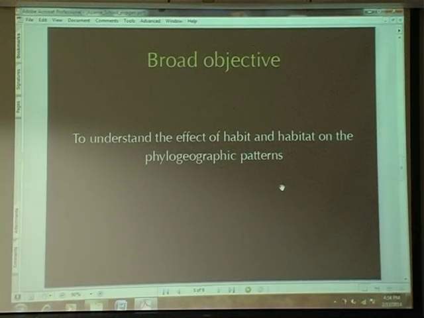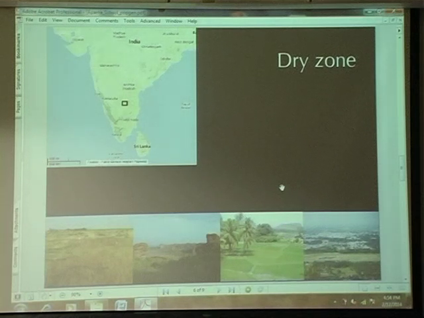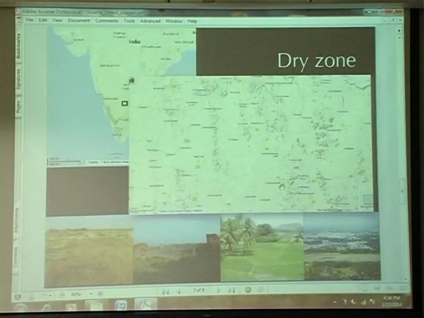I'll come back to this question, but they are found broadly in the dry zone of peninsular India, which is just the triangular part south of Narmada. And if you just zoom in, all the tiny circular things that you see are rocky patches.